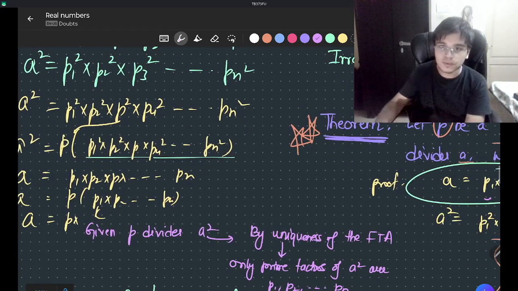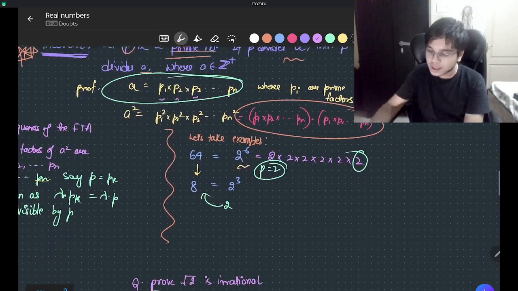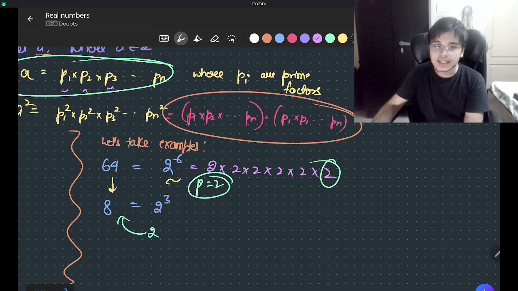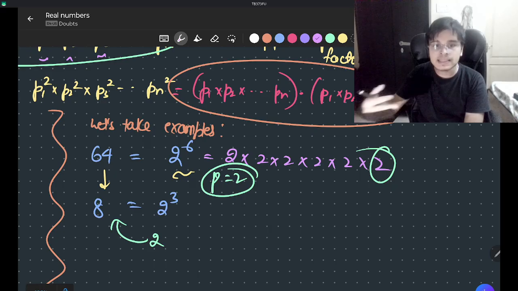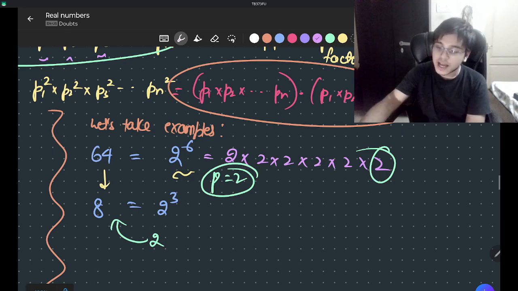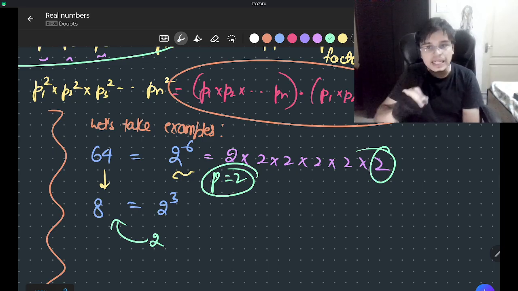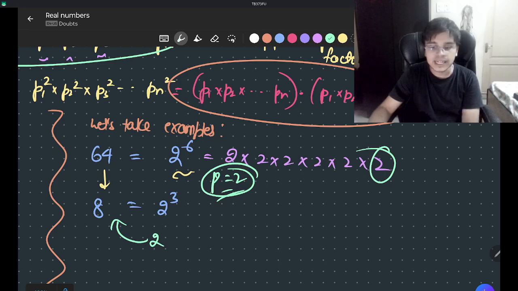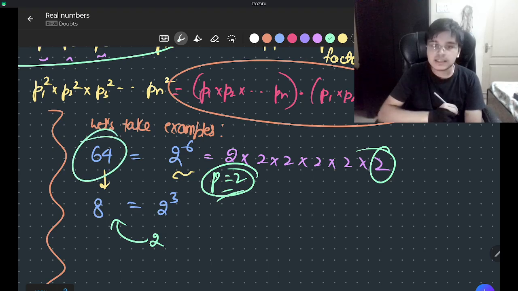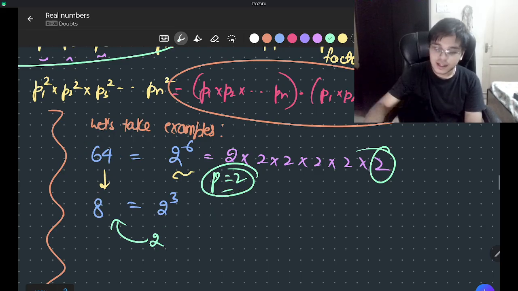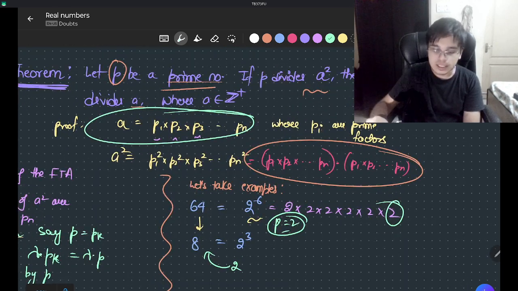That's the mathematical proof. Now in order to get some feel, you can see that 64 can be represented as 2 power 6, and the only choice for p in this particular case is 2. You cannot take p as 4, you cannot take p as 8, because it won't be a prime number anymore. Take the square root of 64, you get 8, and you can see that 2 also divides 8. So this is the example for this theorem.